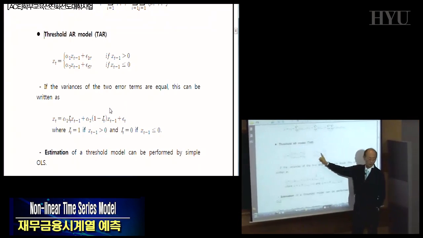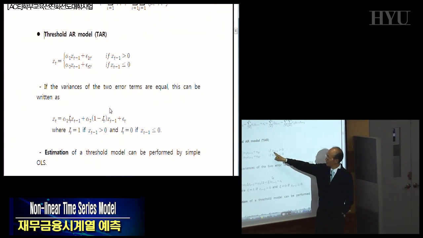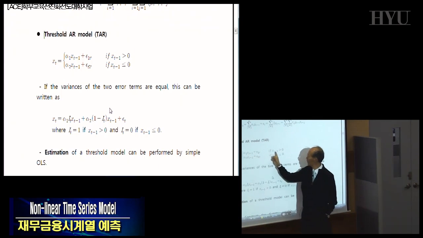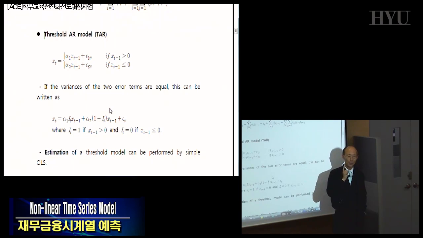But the condition is, if the previous value is, let's say, positive. So in this case, the threshold is 0. Okay. But sometimes the threshold may not be known, so you may have to estimate what would be a reasonable threshold.